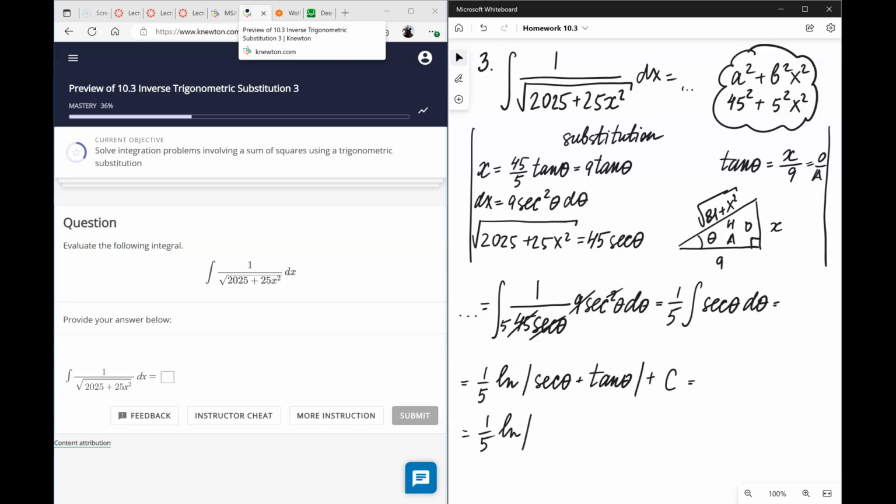Secant theta is, according to the reference triangle, hypotenuse over adjacent, and tangent is x over 9.